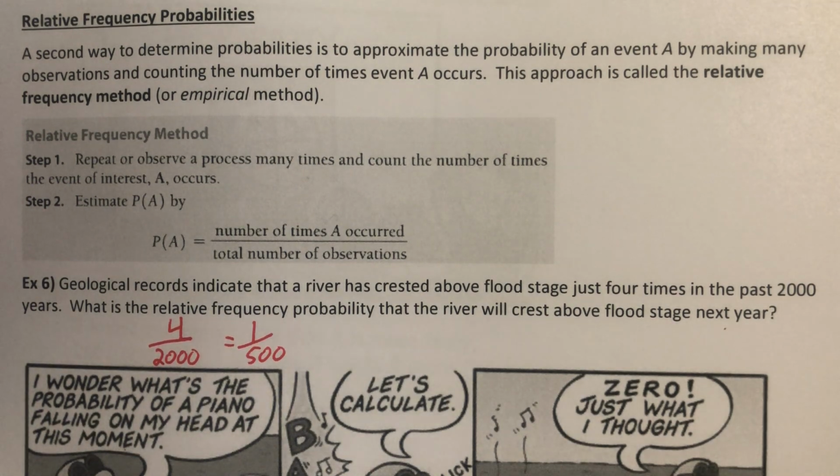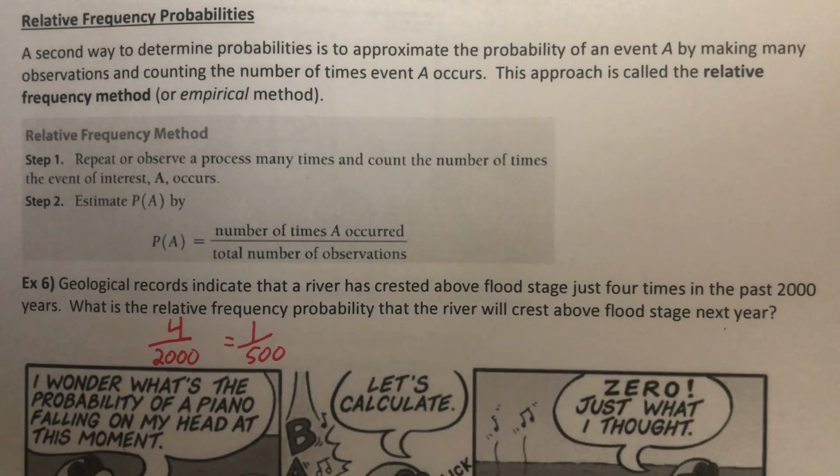Now, one of the things you have to watch out for with relative probability is, when did they happen? Okay. If the 4 flood stages have occurred in the last 20 years, that might be something that's very different than if they've occurred, let's say 100 BC or 100 AD, 250, 300 AD, and 1612.